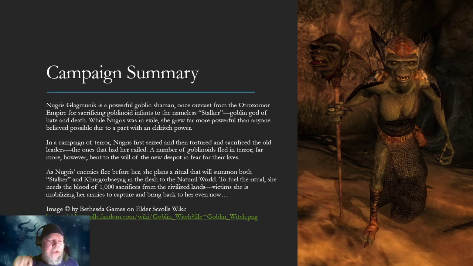So now, as Nugris's enemies flee before her, she plans a ritual that will summon both Stalker and Kurgorbayeg in the flesh to the natural world. To fuel this ritual, she needs the blood of 1,000 sacrifices. From where? From your party's civilized lands. Victims that she's been mobilizing her armies to capture and bring back to her even now. So yes, those big armies that we saw in Tier 3, those aren't armies of invaders.